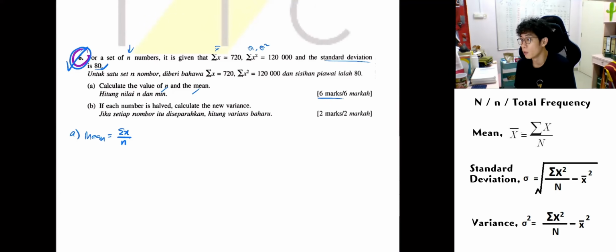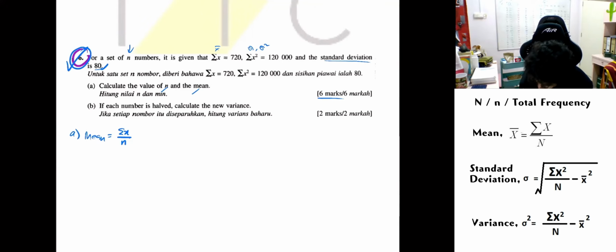I strongly recommend students to do your question using variance. Why? The reason being, I don't want the square root, because when you get a square root, it will be hard for you to manage. So I try to ignore the square root.